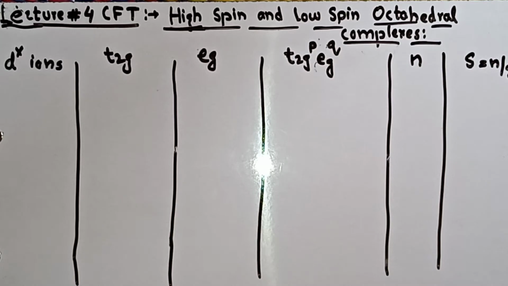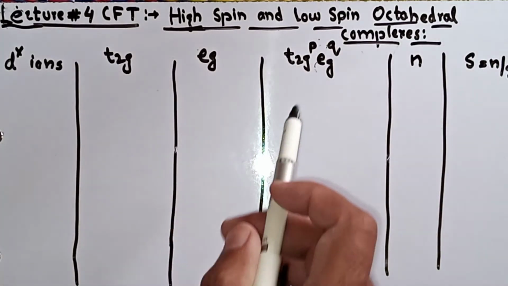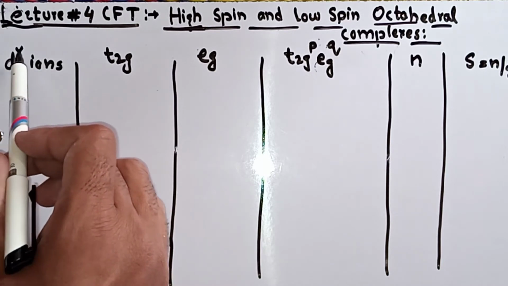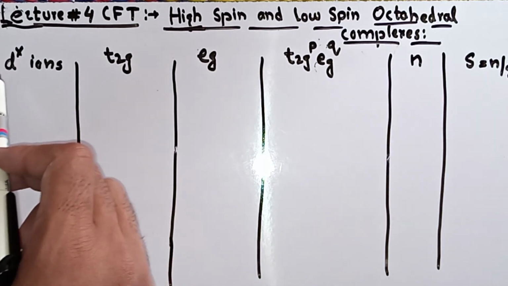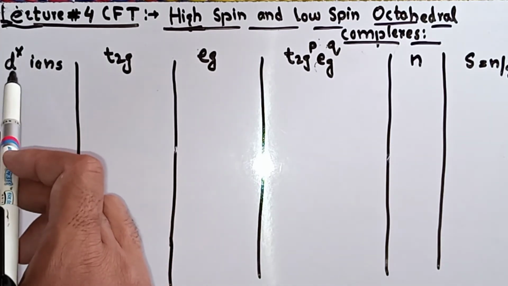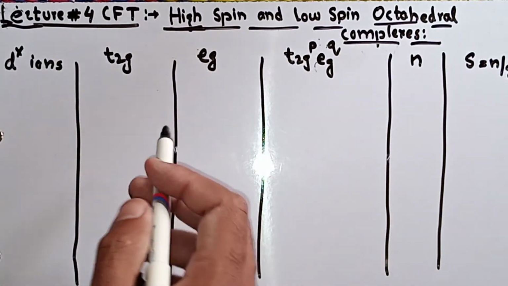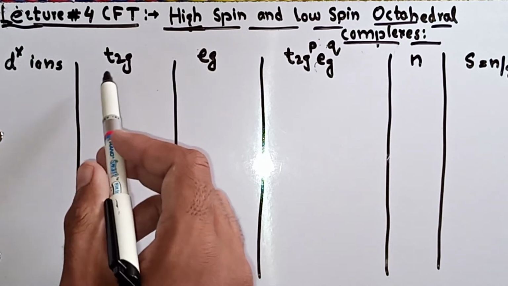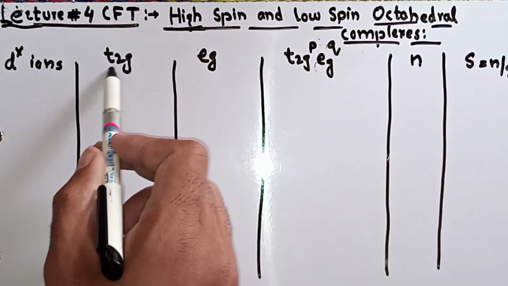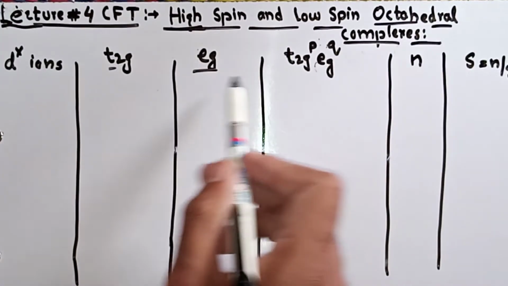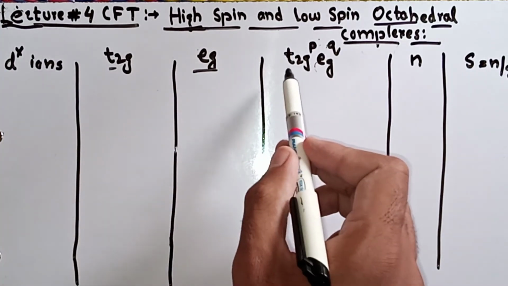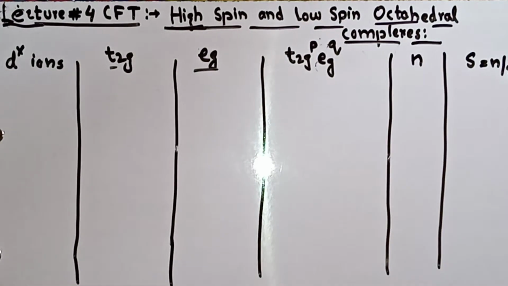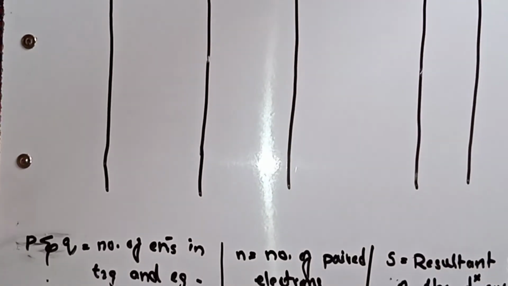So here, high spin and low spin octahedral complexes. dx, where x is the number of electrons in the d system: when there is one electron in the d system, two electrons, three electrons. Then t2g is the electrons in the t2g set, and the electrons in the eg set, and how they are paired.